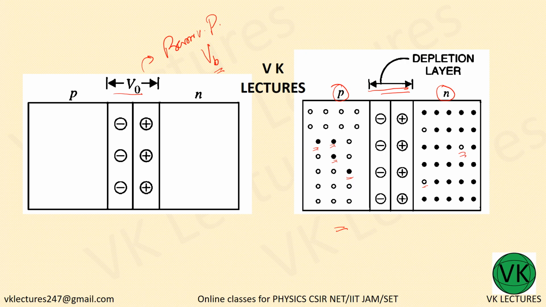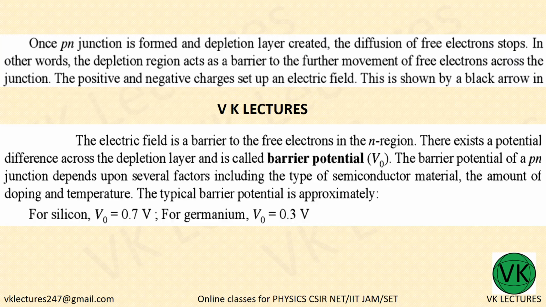It automatically means that we are not talking about an ideal case at temperature equal to 0. At some temperature higher than 0, or room temperature, this will happen. That means in the P region there will be some electrons, and in the N region there will be holes. This is just a note.